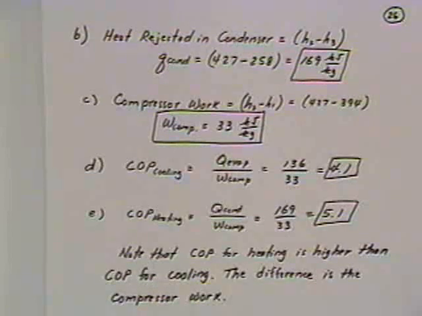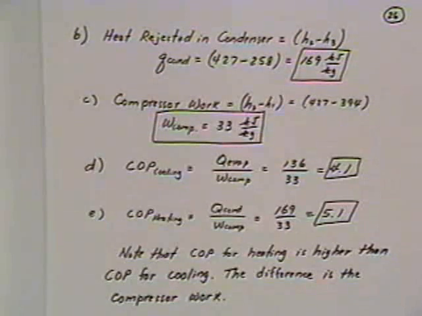Compressor work is H2 minus H1. 427 is H2, 394 is H1, and so H2 minus H1 is 427 minus 394, or 33 kilojoules per kilogram.